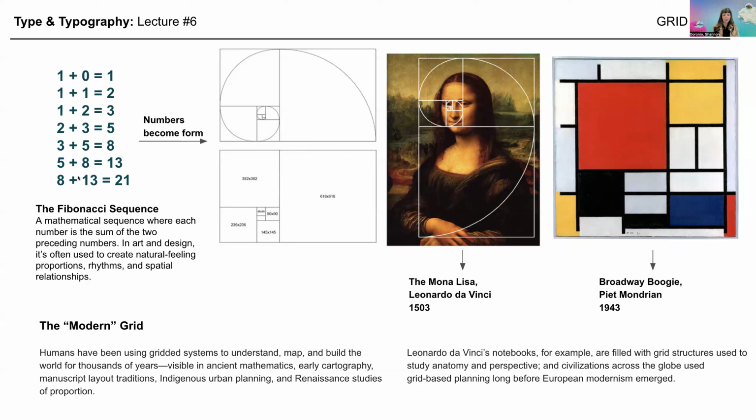So when we express these numbers as squares and then begin stacking them upon each other proportionally, we wind up with this grid. And if we took our pencil and drew curves from one corner to the next corner, we would get this. So this is the Fibonacci spiral. Why do we like this?